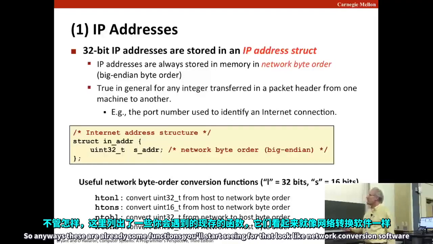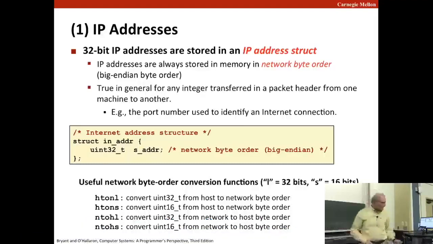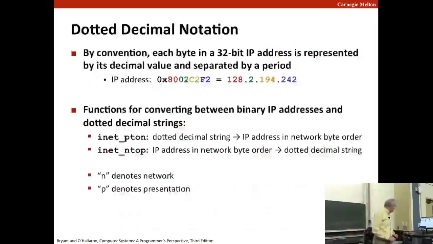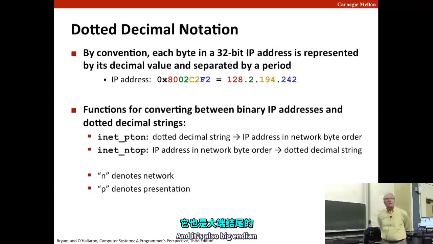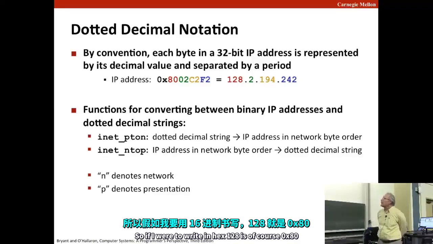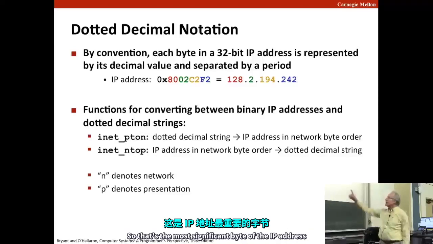Anyways, these are some functions you'll start seeing that look like network conversion software. And as I mentioned, the addresses are written in dotted decimal form, and it's also big Endian. So if I were to write in hex, 128 is, of course, 80, so that's the most significant byte of the IP address.